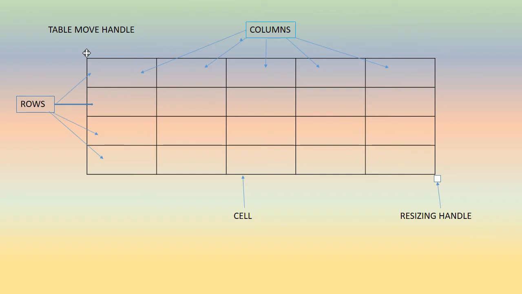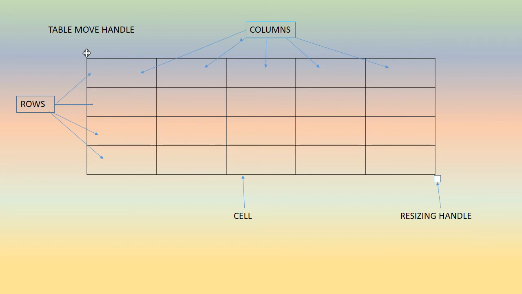Then cell. So cell is used to store the information, and cell is made up by the intersection of a row and a column. Means it is made up by the intersection of a single row and a single column. This is known as cell. Cell by cell it will create the row and column and also the table.